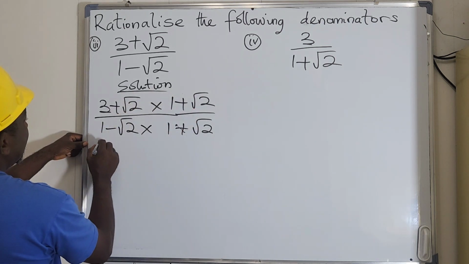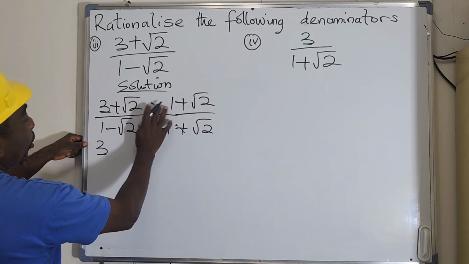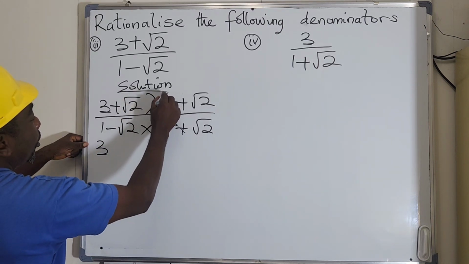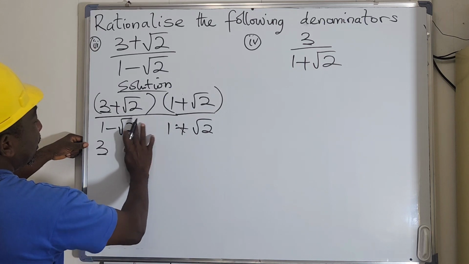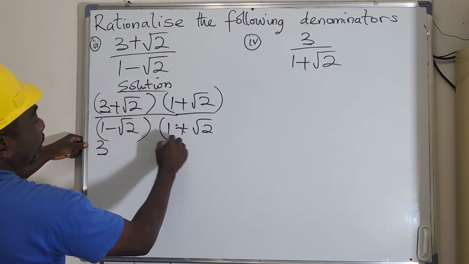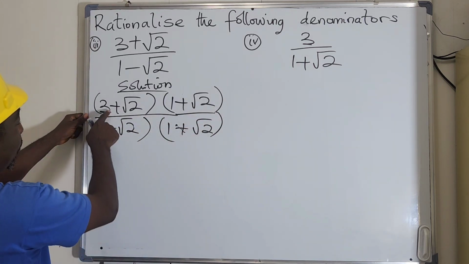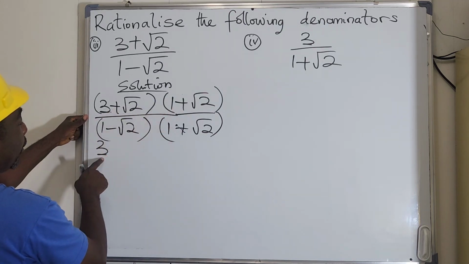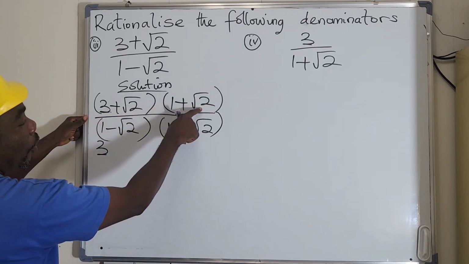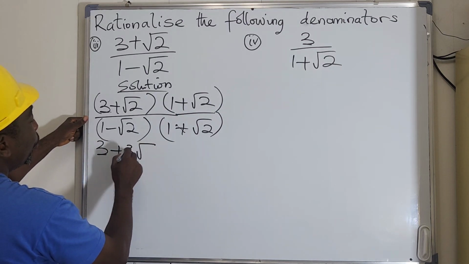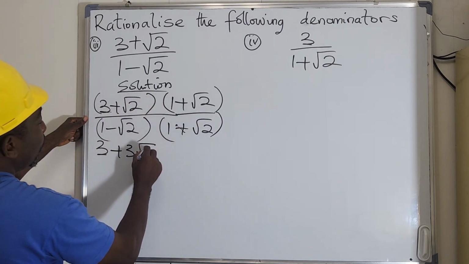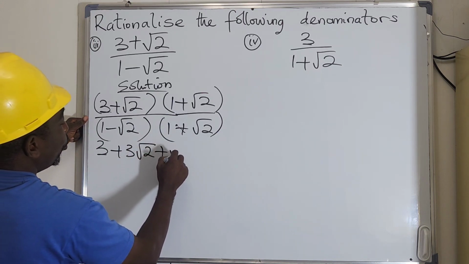This is the same thing as 3, because we can always put parentheses in between so that we will understand. So 3 times 1 gives us 3. Then 3 times root 2 will give us plus 3 root 2. Then we have root 2 times 1 will give us plus root 2.